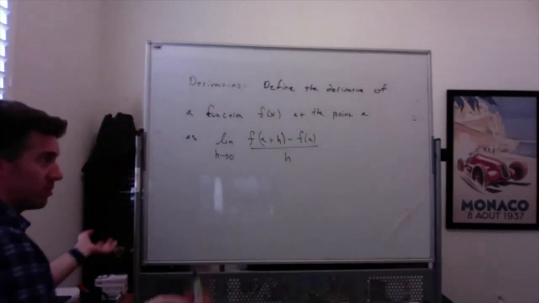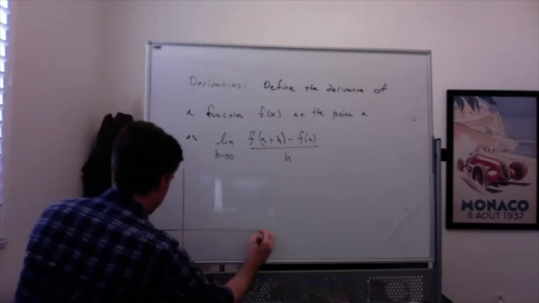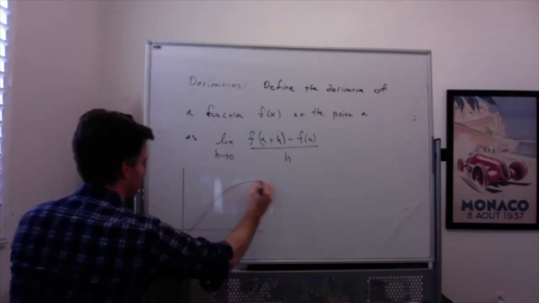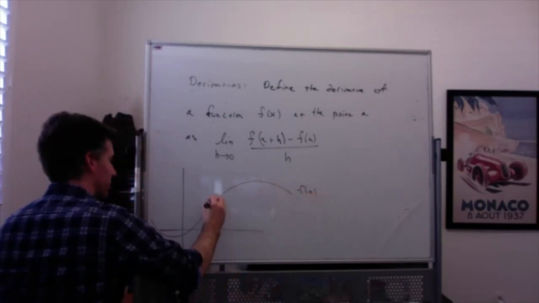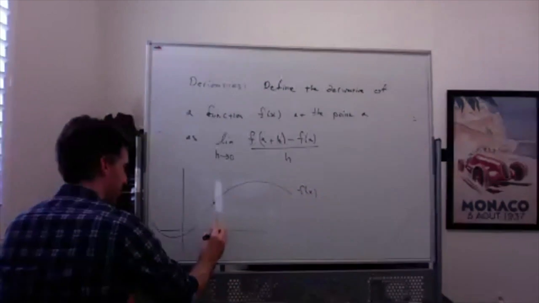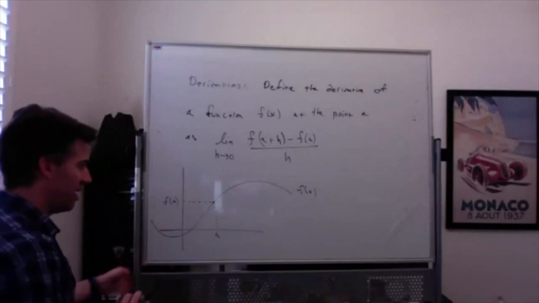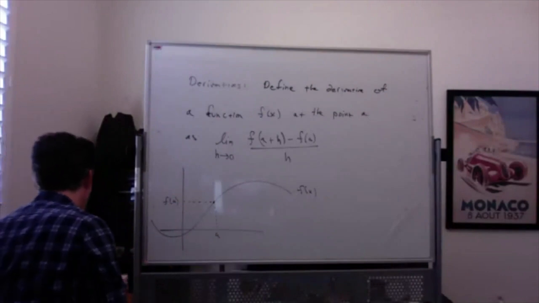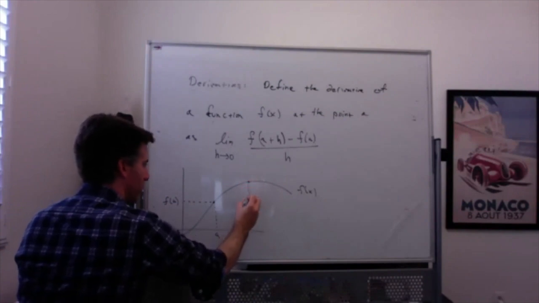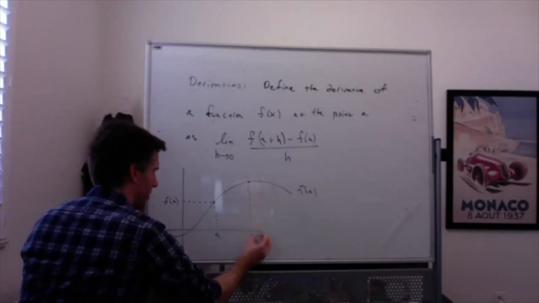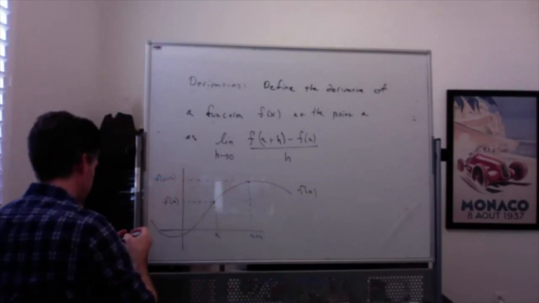And again, I've drawn the picture a couple times, but it's the same sort of idea. We're taking some function f of x, and maybe here's the point a comma f of a, and here's some other point, a plus h, f of a plus h.